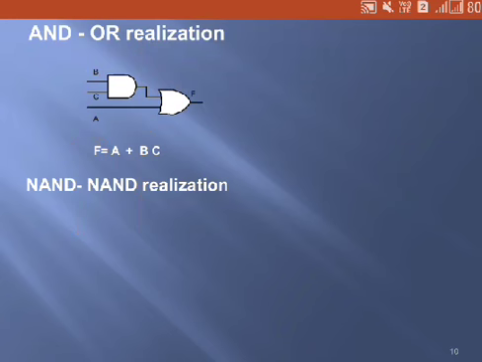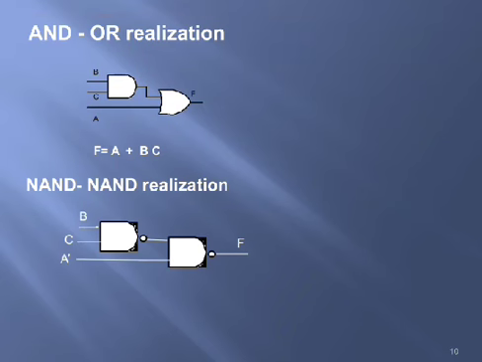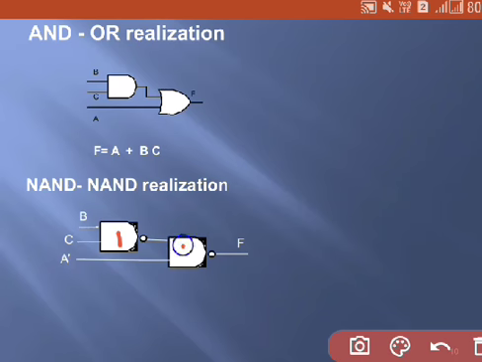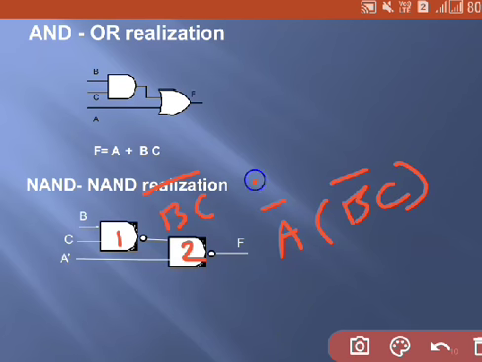That is the difference. I am considering a circuit like this, using only NAND gates. Let us say this is the first NAND gate and this is the second NAND gate. The output of the first NAND gate will be BC whole bar, and the output of the second NAND gate will be A bar into BC whole bar, and then whole bar.